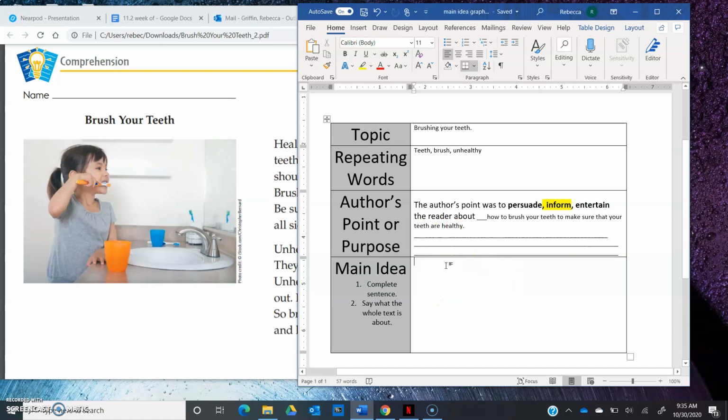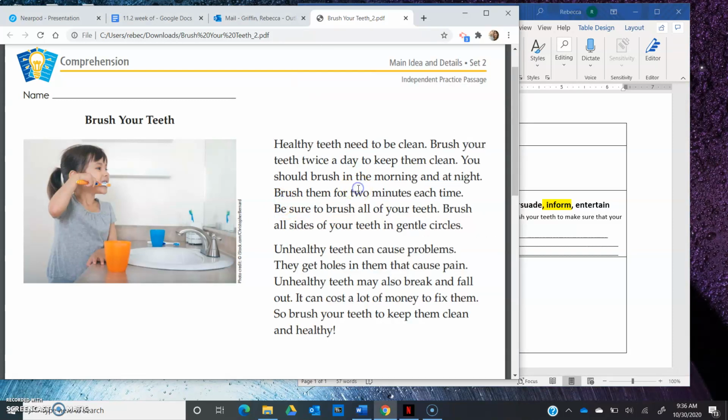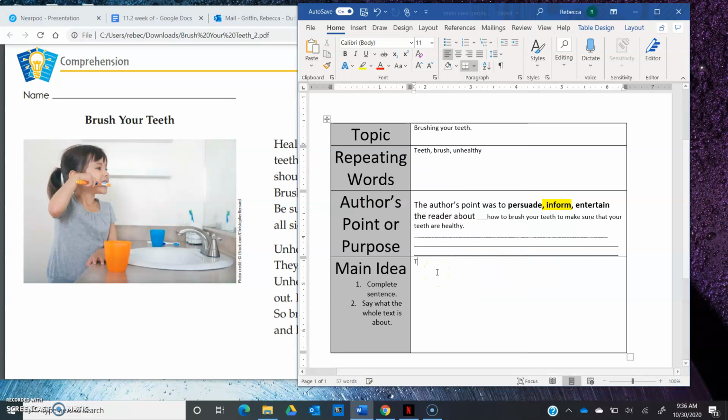Now, in thinking about those things, that the topic is brushing teeth, I know the repeating words, and to think about the author's purpose of informing, I need to make a main idea statement. So I'm going to start it with, the main idea is.